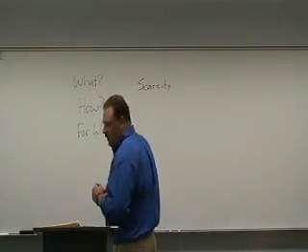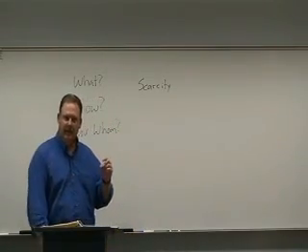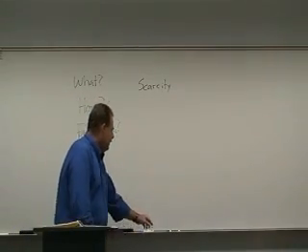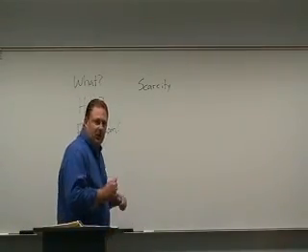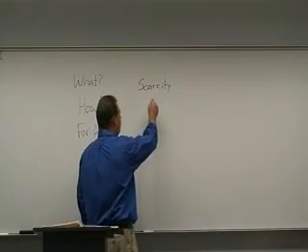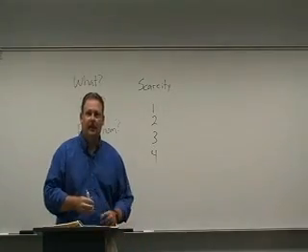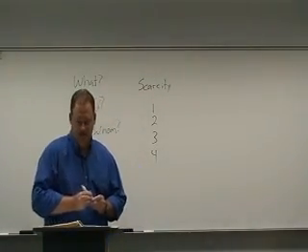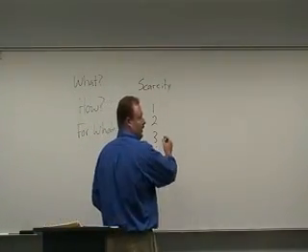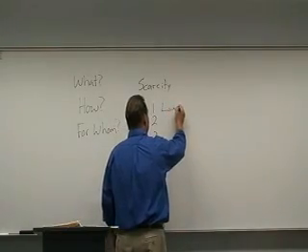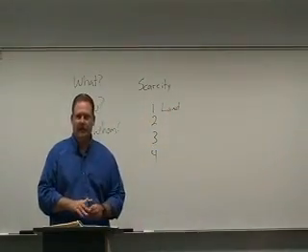Okay? When we talk about scarcity, it's a limit to the resources. All resources will fit in one of four categories. We call these the factors of production. The first one is land.